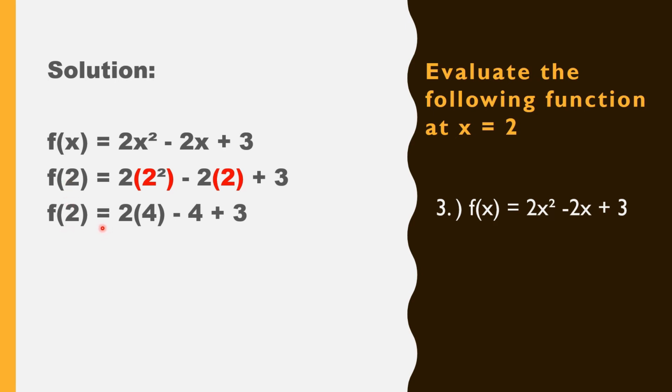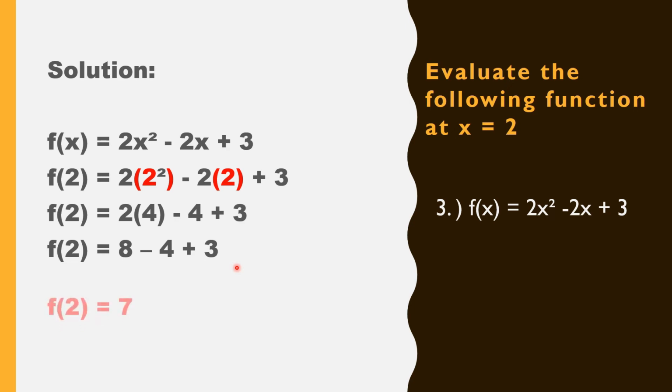So we have f of 2 equals, copy 2. Simplify 2 squared, that means 2 times 2 is 4. Okay, then minus 2 times 2 is 4, copy plus 3. Next, f of 2 equals 2 times 4 is 8 minus 4 plus 3.